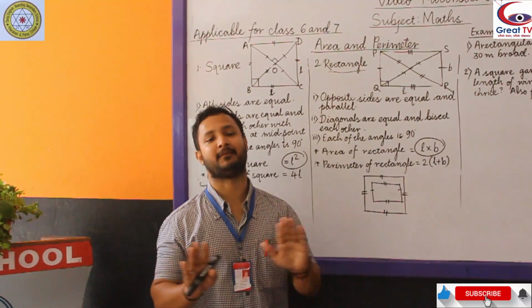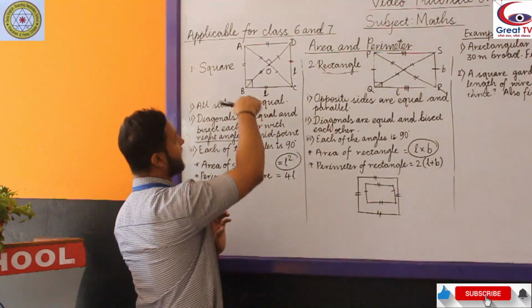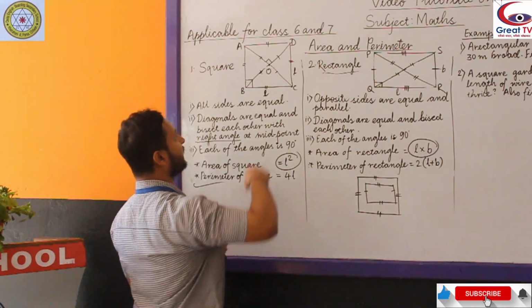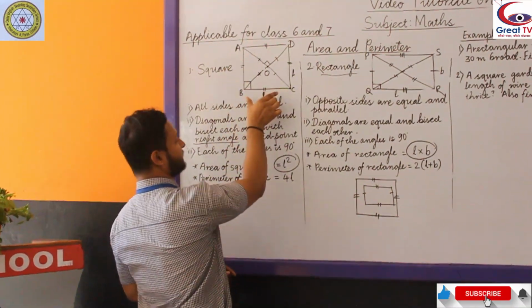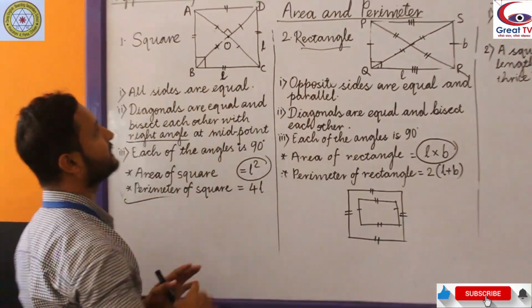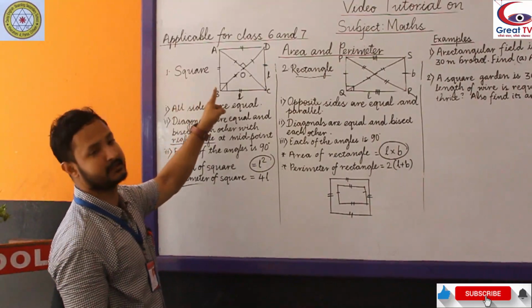Perimeter means sum of all sides. When we add all the sides, we get the perimeter. If we add this side AB with BC, CD and DA, we get the perimeter of this square ABCD.